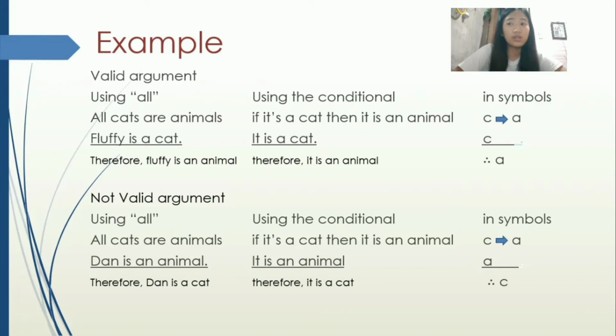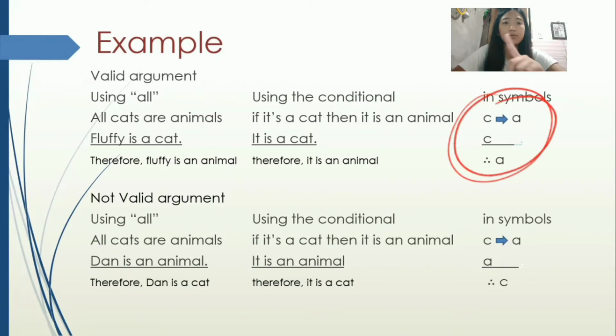Then in symbol, we let C be equal to it's a cat. Then A is an animal. In symbols, C arrow A. And the second conditional has only one variable, C, its result, therefore A.